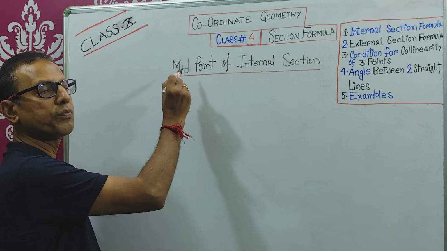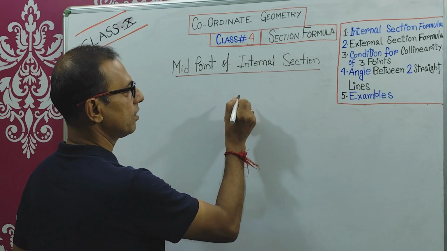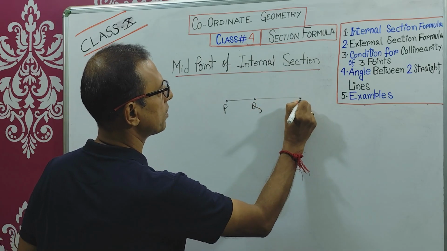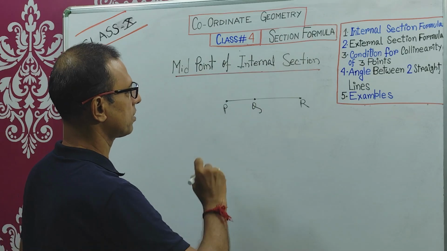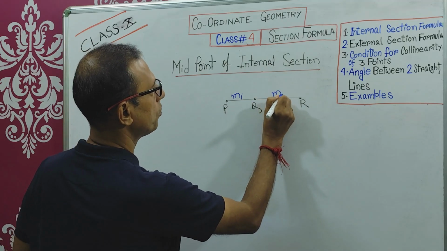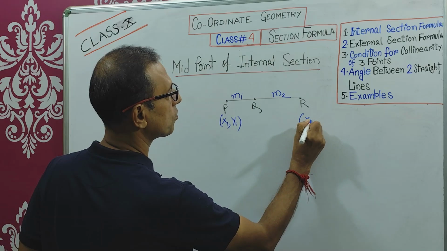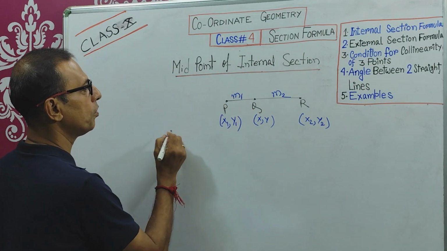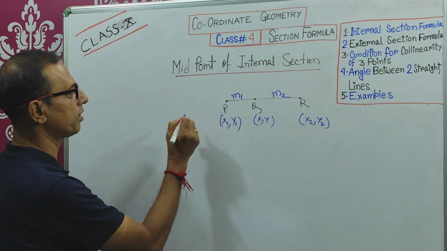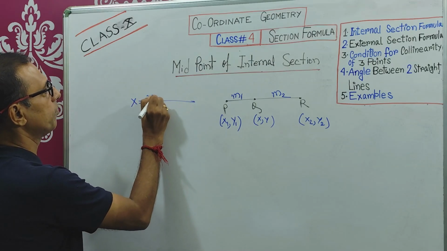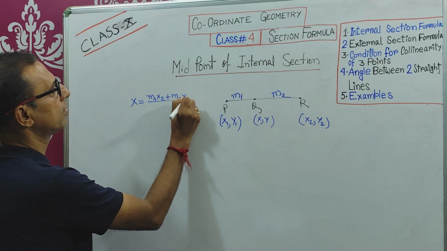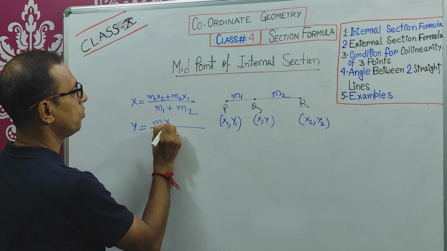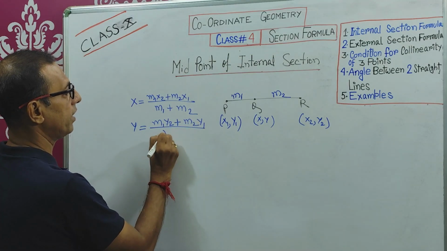Now we'll quickly find the midpoint of an internal section. As I said, if one point is P, and in between there is point Q, and this point is R, and the ratio between these two is m1 to m2, and P is x1 y1 and R is x2 y2 and the coordinate of Q is x y, then the formula is x equals m1 x2 plus m2 x1 by m1 plus m2, and the y coordinate will be m1 y2 plus m2 y1 by m1 plus m2.